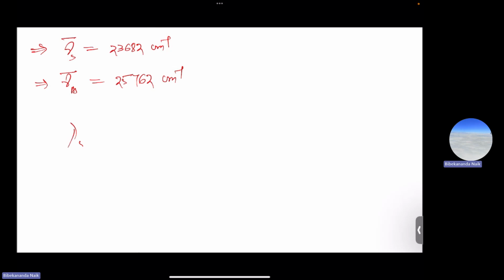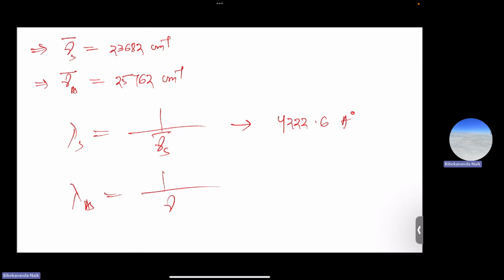Now, the wavelength of Stokes line will be 1 by nu s bar, which will be 4,222.6 Armstrong, and the wavelength of anti-Stokes line will be 1 by nu anti-Stokes bar, which will be 3881.7 angstrom. So these are the two values.